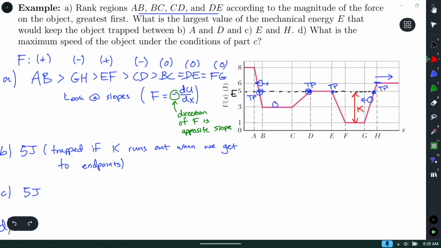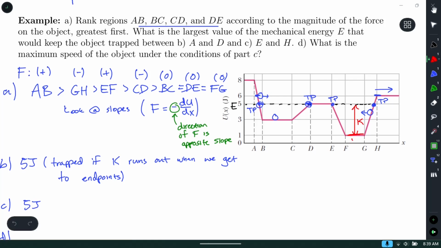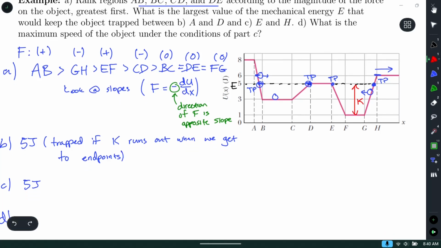Would it be all of it? Give me a number, but yes. Oh, it's 4. Yeah, because I'm not at the very bottom of where I could reach. It's not the sea level of this system. I'm still sort of on a hill, but it's more of a valley. I'm trapped in that region, and so there is still 1 joule of potential energy technically, but 4 joules remaining for kinetic.